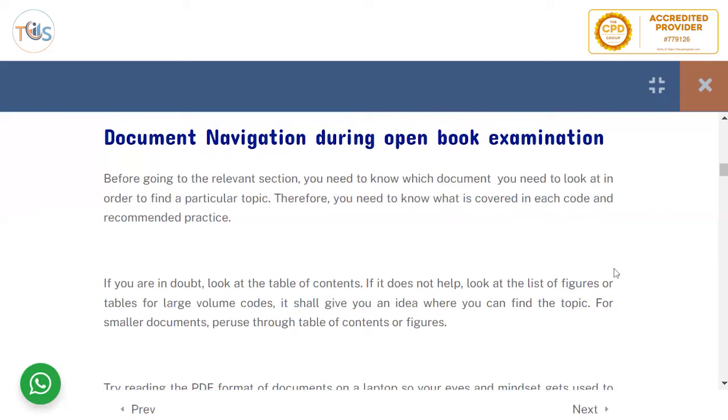And secondly, if you cannot find the particular thing and it is taking a lot of time to find the relevant information, then you can look at the table of contents to see which section you should go to. If that doesn't help you, then you can go to the list of tables.